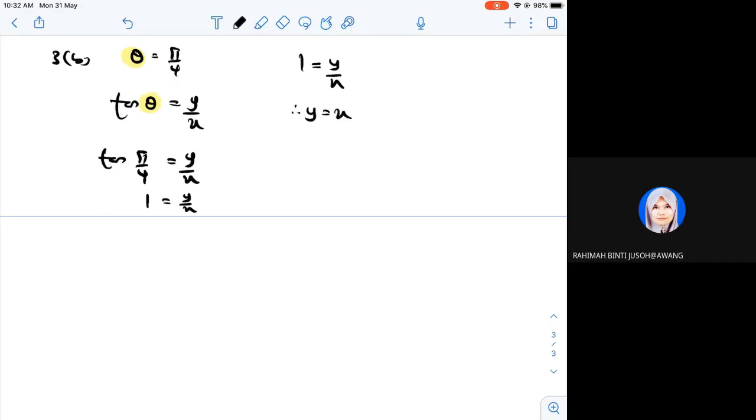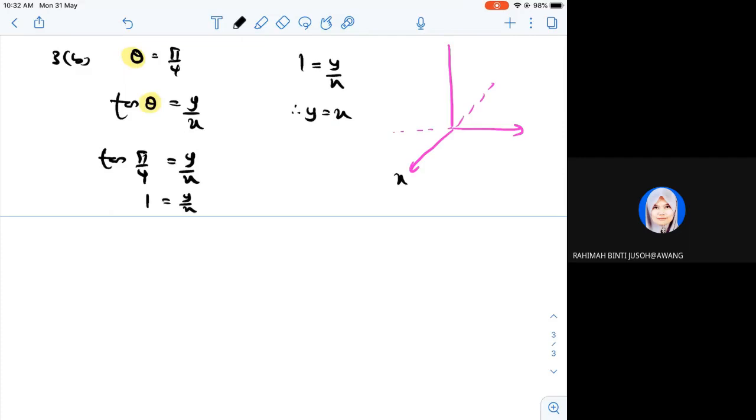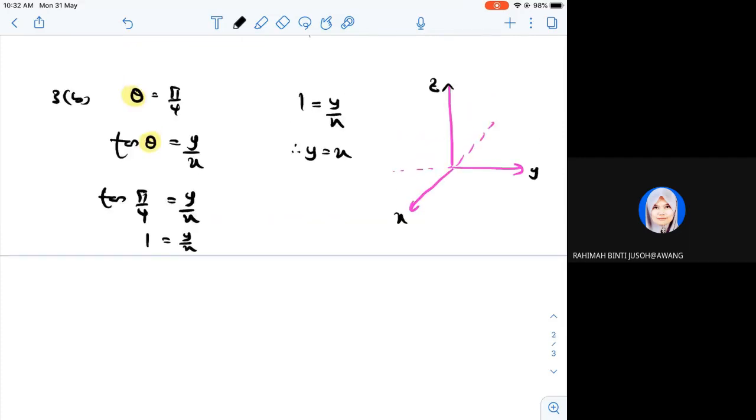Right, so if we sketch the solid, with x, y, and z axes, y equals x gives us something like this.